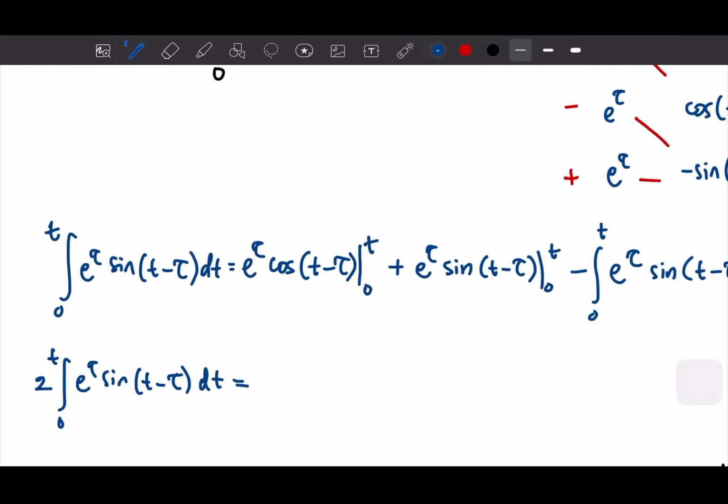It's supposed to be, at t is 0, so e to the t minus 1 times cos t, right?